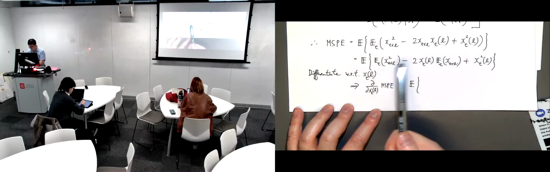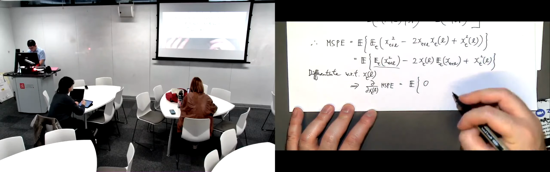Differentiating this, it is a constant with respect to X_t bracket L, so that's 0.